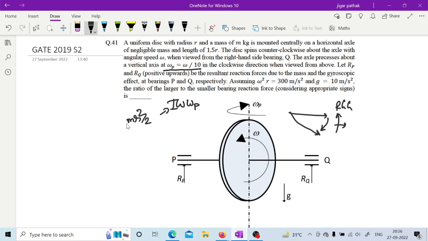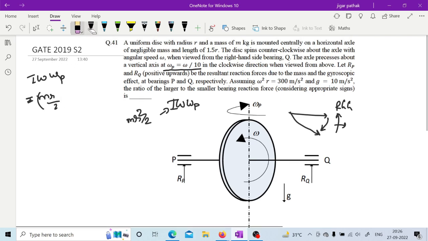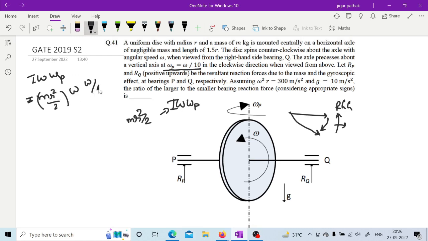So this particular I omega omega p can be written as mr square by 2 into omega by 10. So here you will get m omega square r square by 20, right?